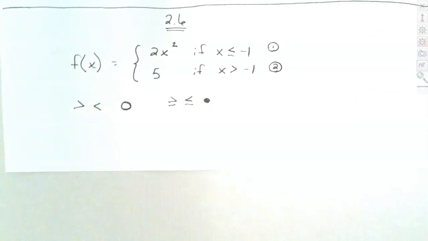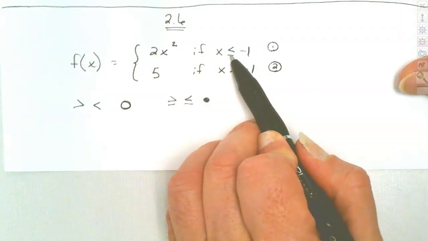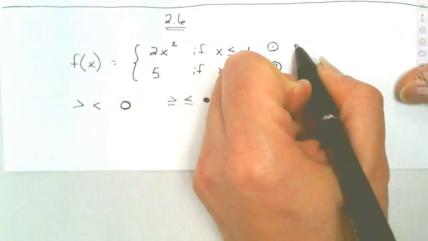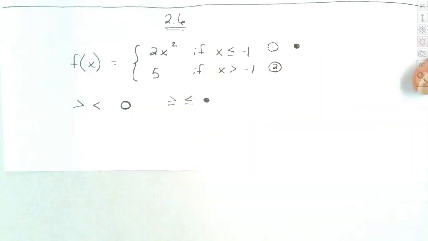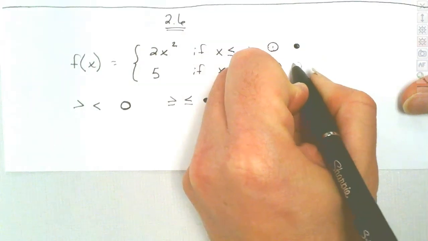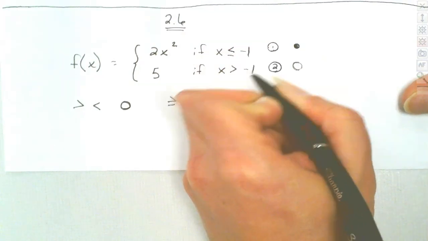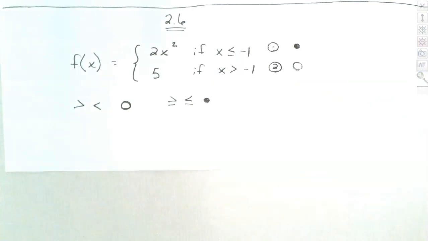So the first row, it is less than or equal to, the equal to bar underneath means that first row is going to have a closed circle. The second row is greater than -1. There's no bar underneath, so it's going to have an open circle.